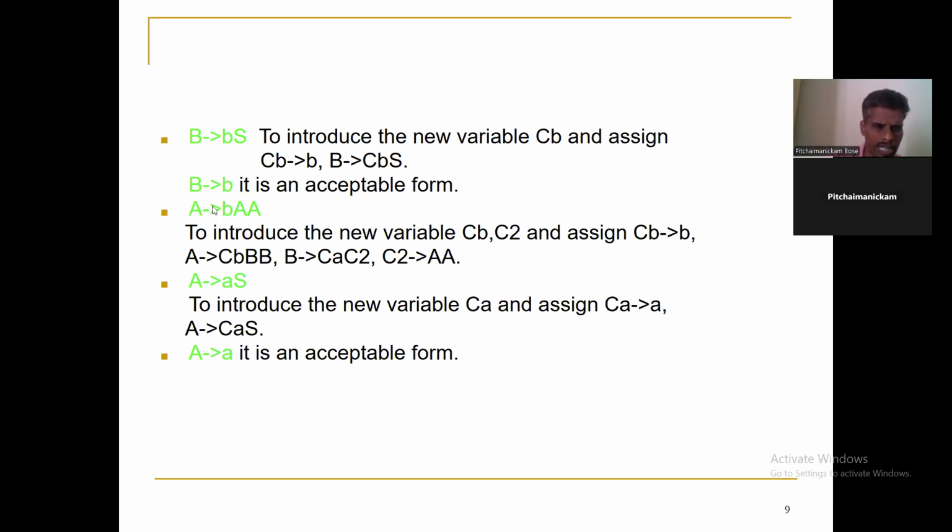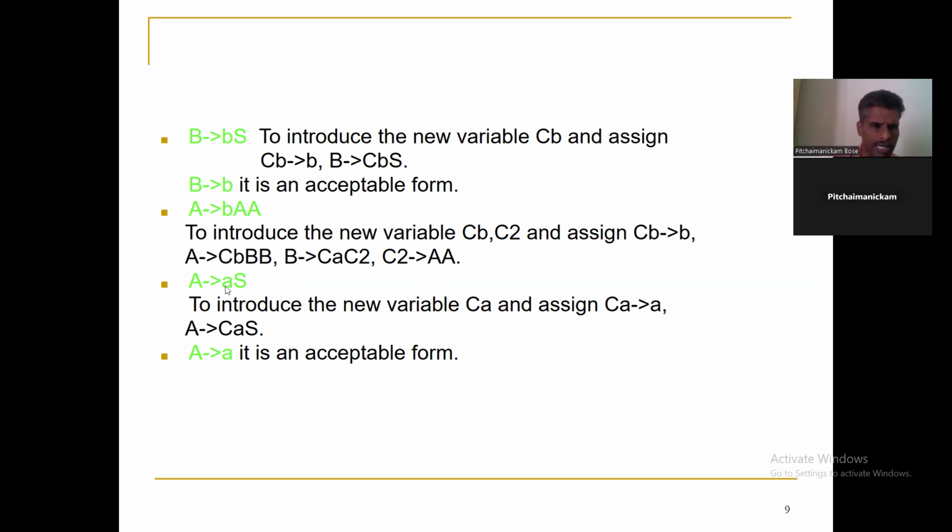Next production: A derives BAA. B is replaced by Cb. There is no need to introduce new variables when we already have the variable for that terminal; you can reuse it. Here the right-hand side has three variables, so A derives Cb C2, and C2 derives AA.